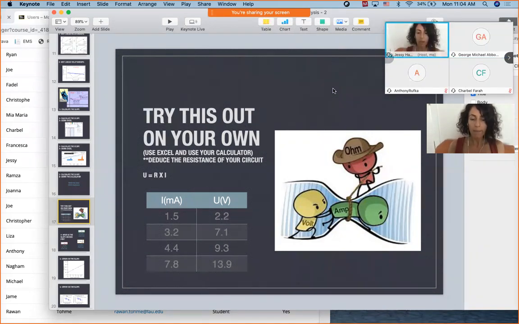Okay. And the slope was actually equal to the resistance. This is what you're saying. Okay. What was the choice of the x-axis and the y-axis in your case?